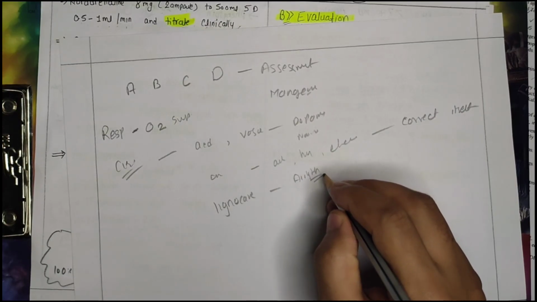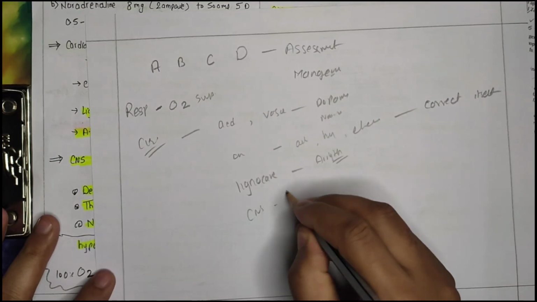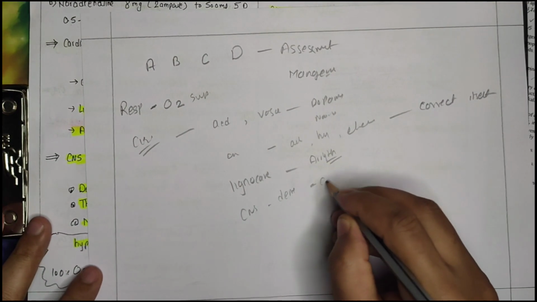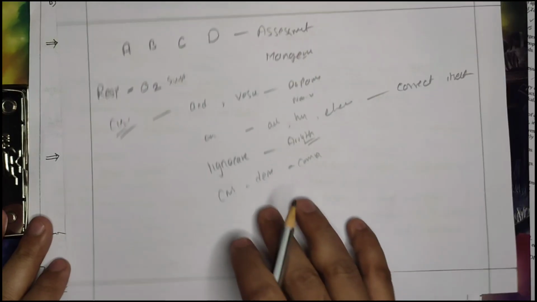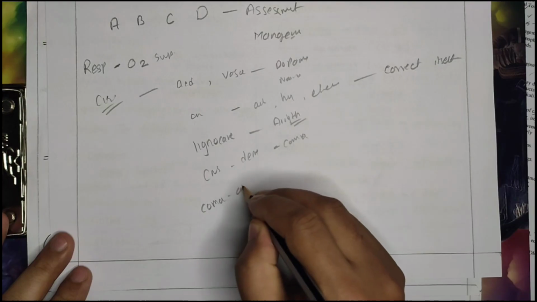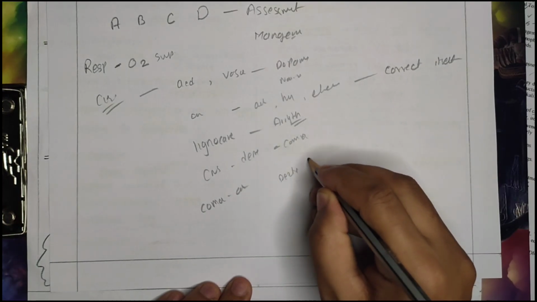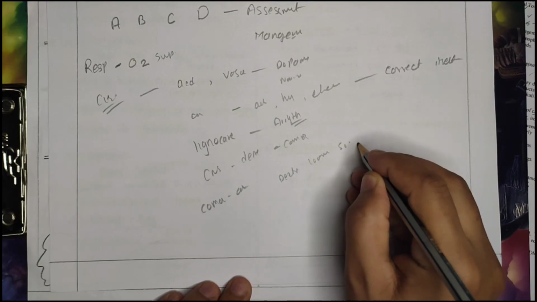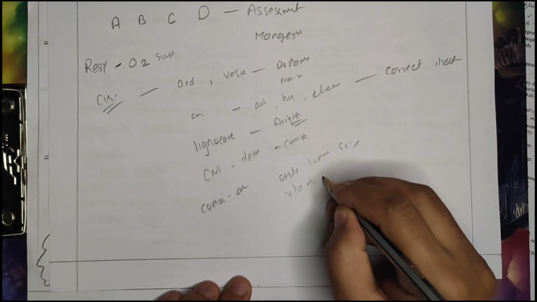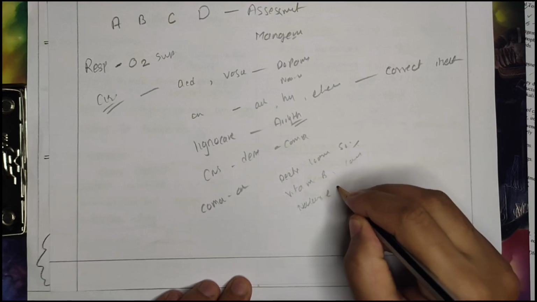In some other situations, there is a condition of CNS depression which will lead to the coma state. The person will go unconscious. In that case, we will use the coma cocktail. Coma cocktail has 100 ml of 50% dextrose, then vitamin B1, that is thiamine 100 mg, and finally naloxone 2 mg.